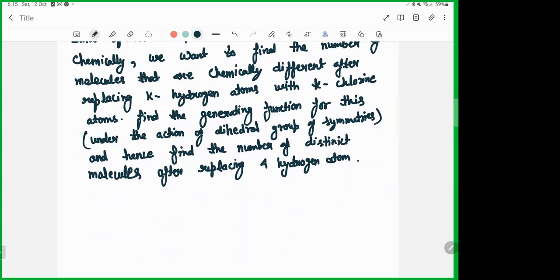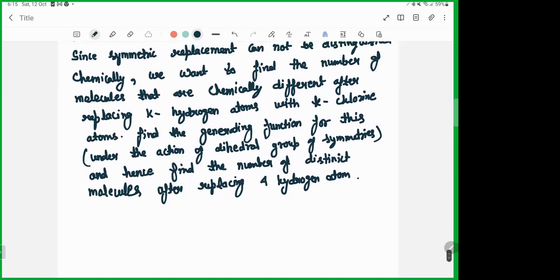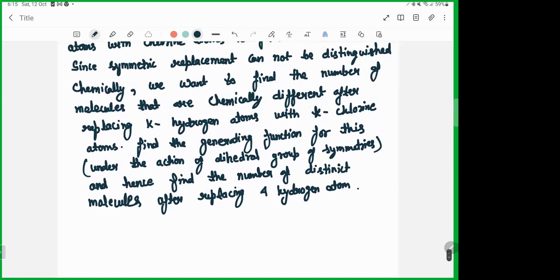Then if we compute the generating series, we know the second part is just a corollary, because we just have to find the coefficient where the chlorine power is 4 and hydrogen power is 2, because 4 hydrogens are getting replaced by 4 atoms of chlorine. So first we have to work out the first part.